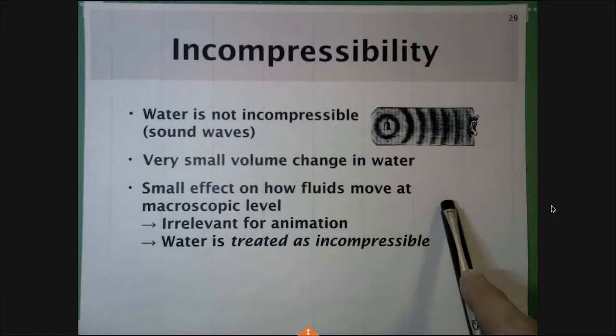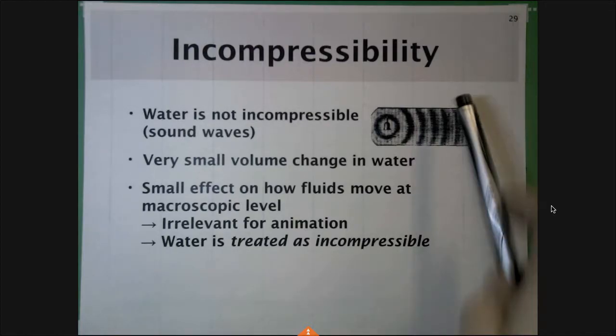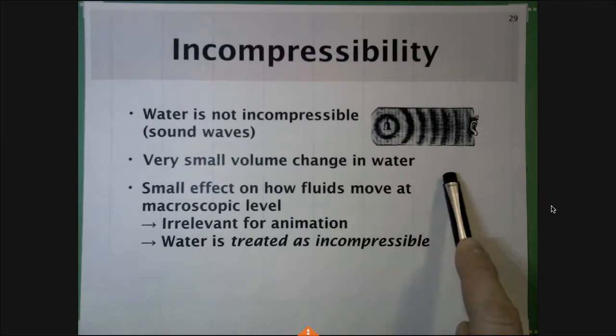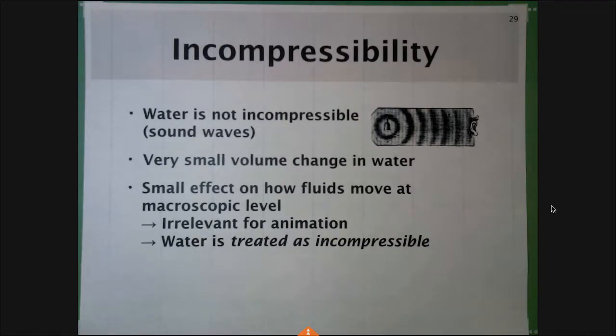For animation purposes. Certainly if you are doing some physics and you want to simulate how waves propagate in water, then you need to take this into account. But for our type of simulations, for some visual effects, like some splashes, this is absolutely irrelevant, essentially. Once you get to this scale, you would have to be looking at it with a microscope or something to even notice something.